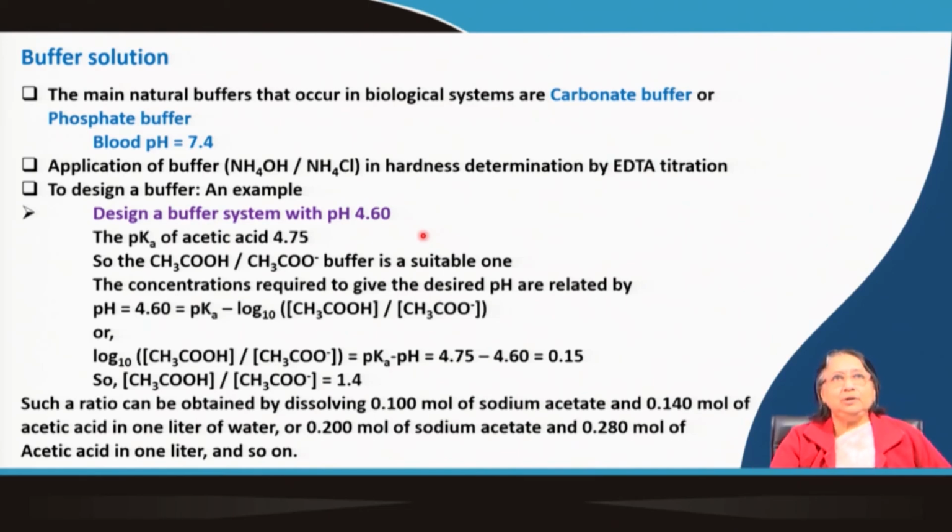If we are to design a buffer of pH 4.6, first we have to see which acid we will take, because it is an acidic buffer, below pH 7. Now, the pKa or K values of the weak acids are listed at 25 degrees centigrade, so we can easily find them. The pKa of acetic acid we know is 4.74 or 4.75, and the buffer capacity is plus or minus 1.